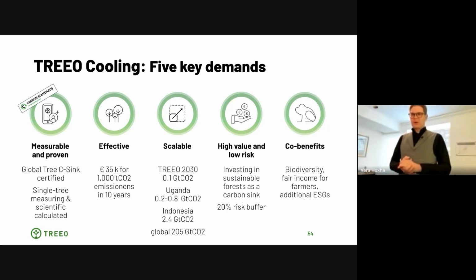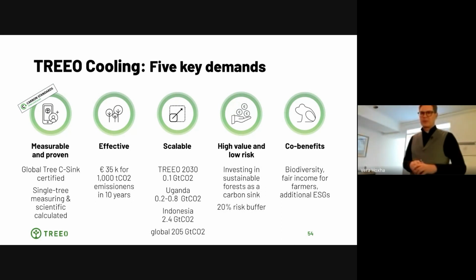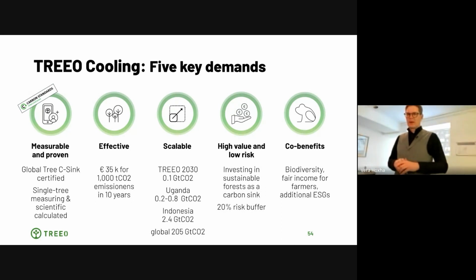It's effective. We're asking for 35,000 euros to counterbalance 1,000 tons of emissions. Of course, you can also buy a DAC carbon removal for 1,000 or even more euros per ton, and then you have longer permanence. But we think having a short-term effect, where scaling gives us time, is a better value for the money. That's why it's more effective.